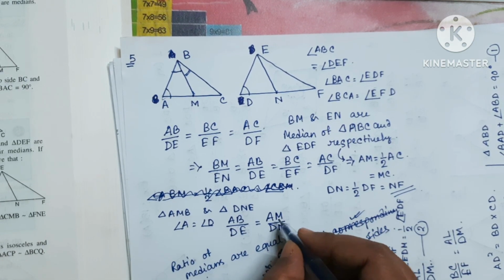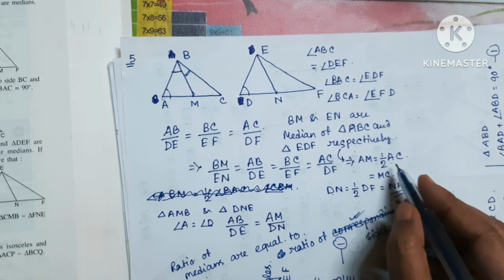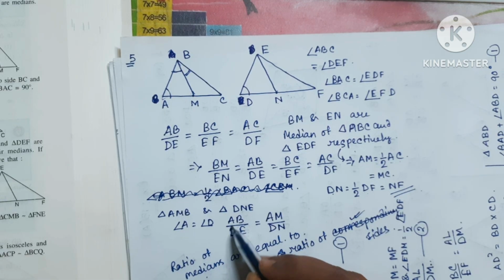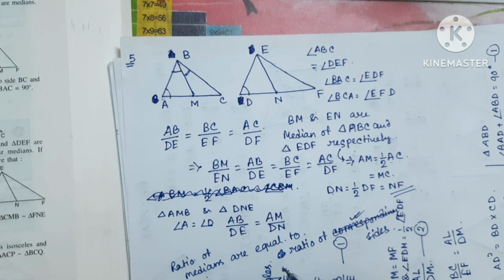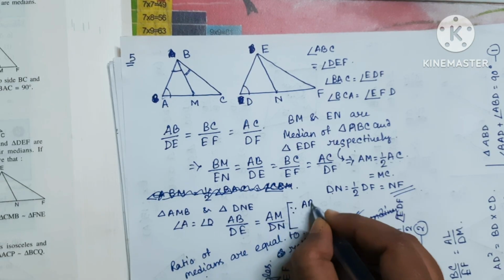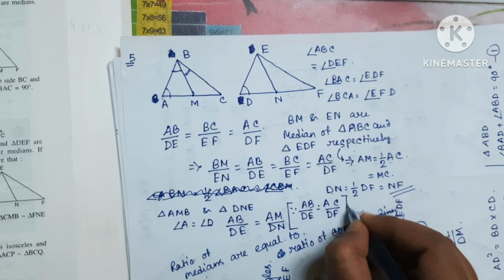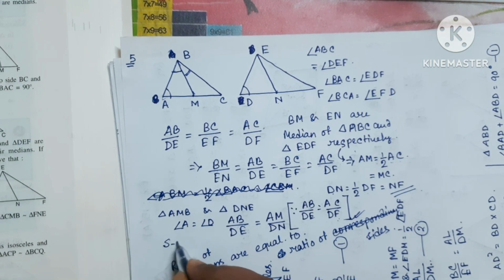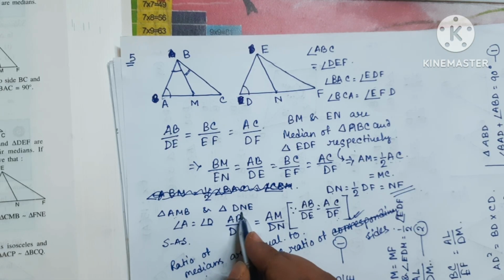Because AM is half of AC and DN is half of DF. Since AB by DE is equal to AC by DF, that means this is equal to AM by DN. So by SAS, you can write these two triangles are similar, right?